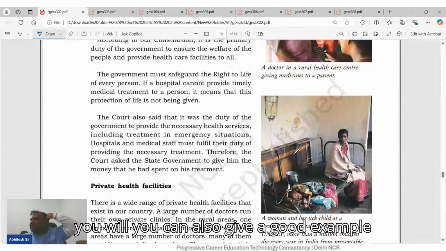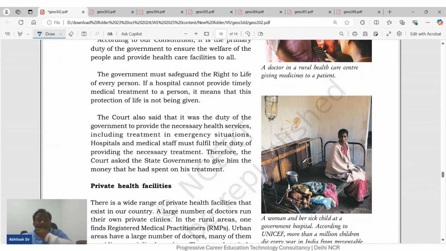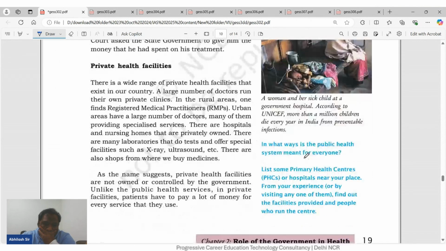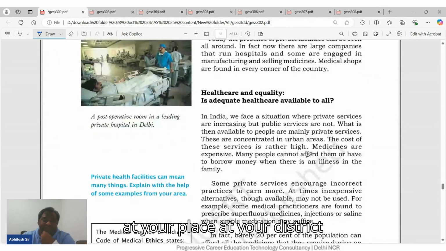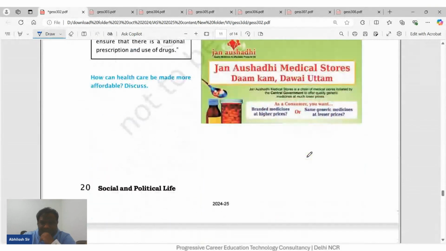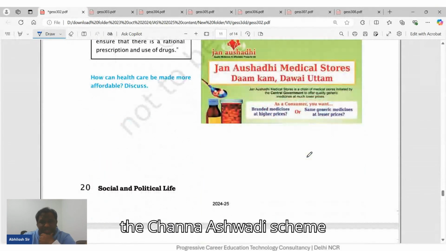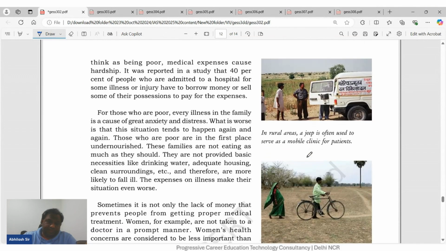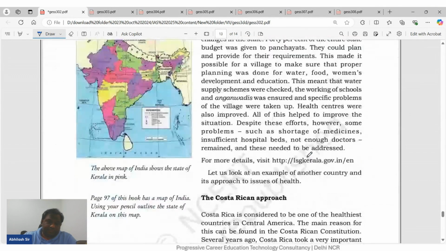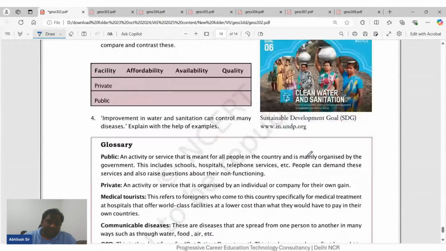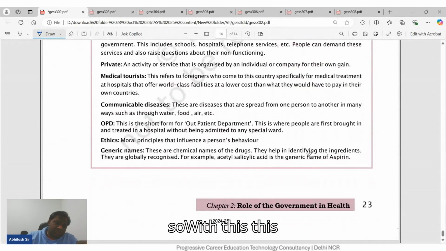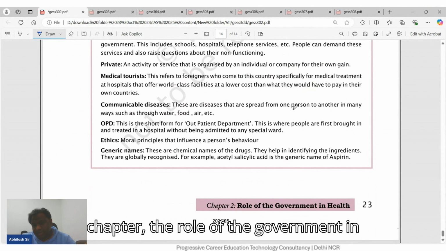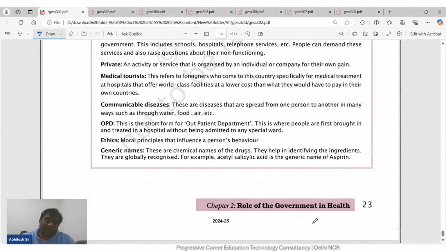You can also give a good example of what happened during COVID at your place, at your district, and the Jan Aushadhi scheme. So with this chapter, the role of the government in health is also covered.